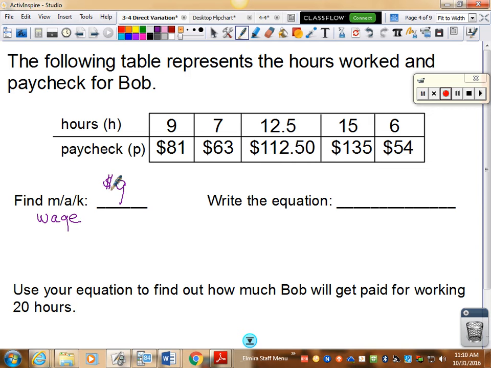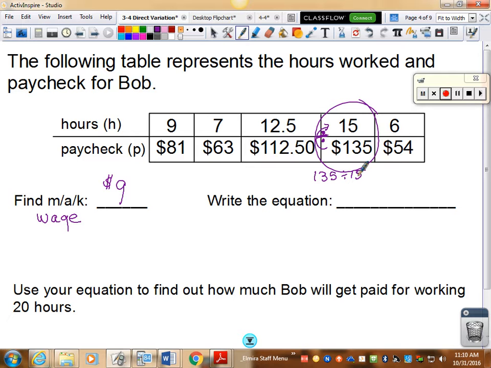Now, if that didn't come to you immediately, the 9, then try this. Pick any column you want. Let's say I picked this one. If you work backwards and divide the bottom number by the top number, 135 divided by 15, you type it in that order, you would get 9.